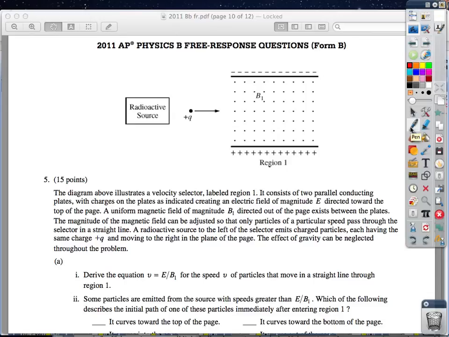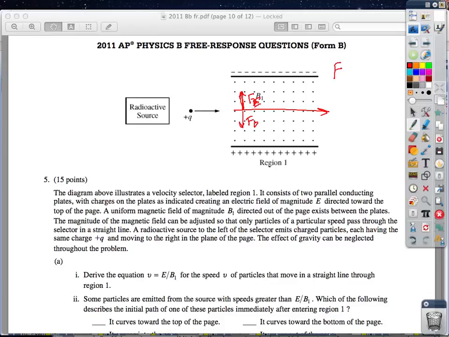All right, next we're shooting this particle in here. Derive the equation v equals E over B for the speed of the particle that moves in a straight line through the region. So it moves in a straight line through this. We know, going through here, F_B is going down and F_E is going up.